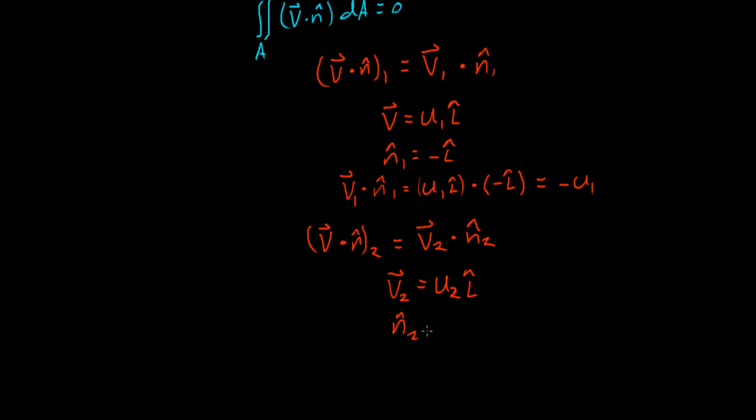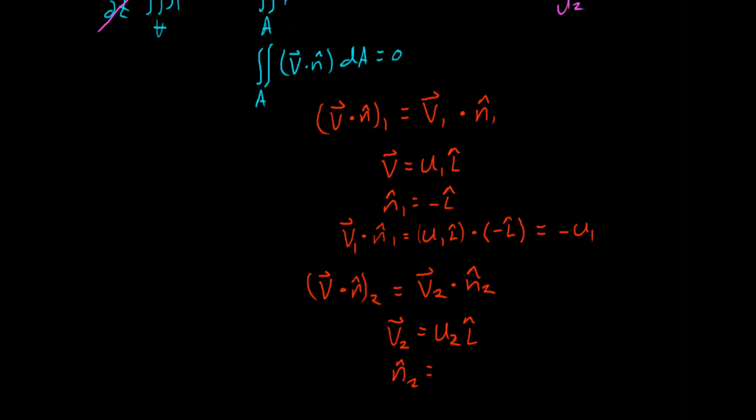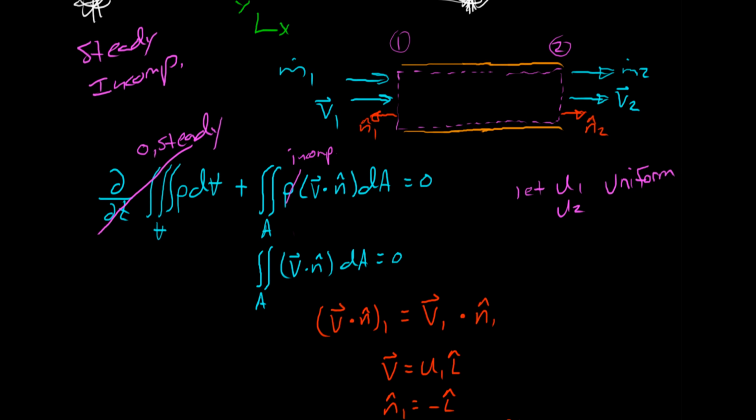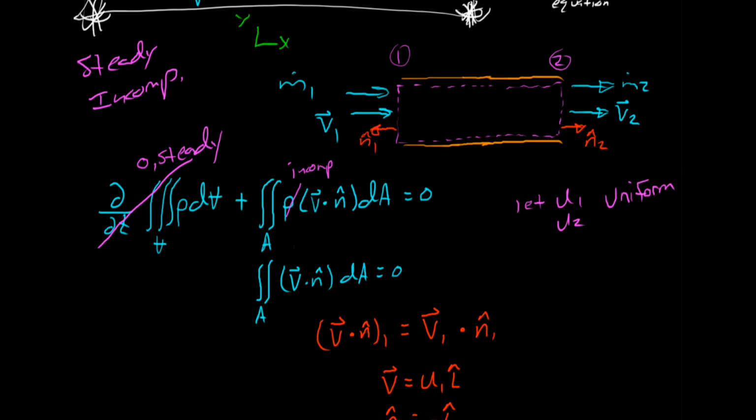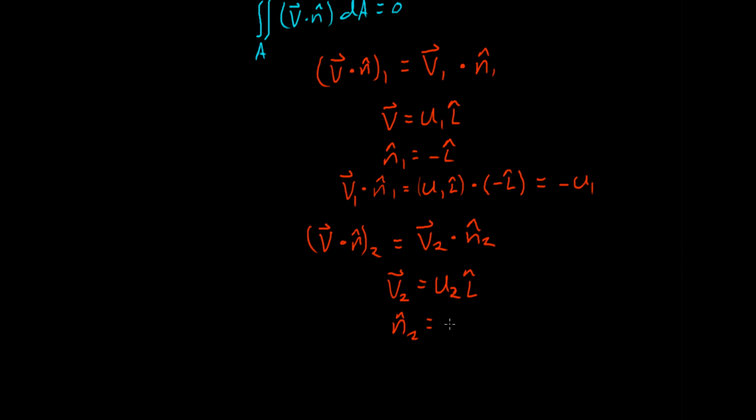N2 points out of surface 2, which is horizontal, but now it's pointing to the right, which is the positive x direction. And so this is I hat.